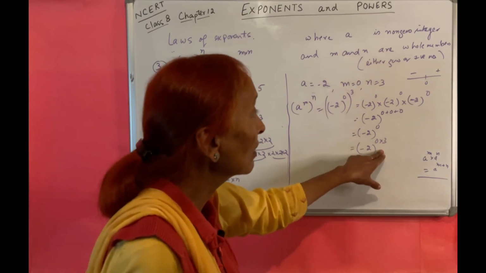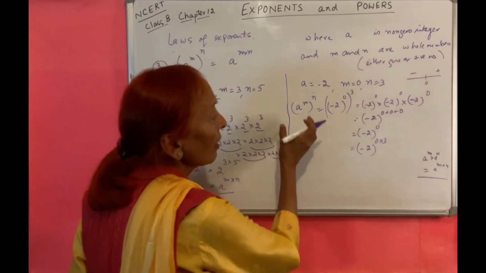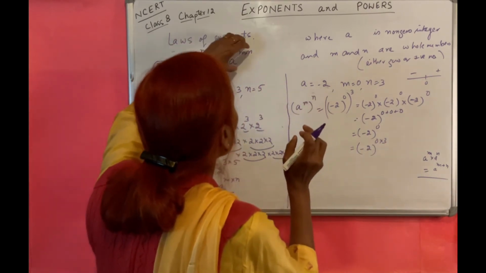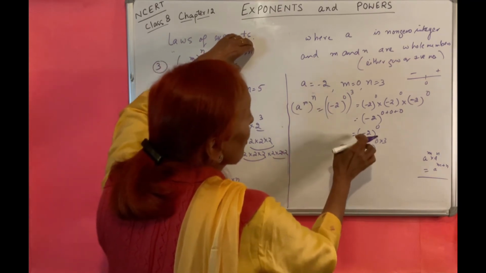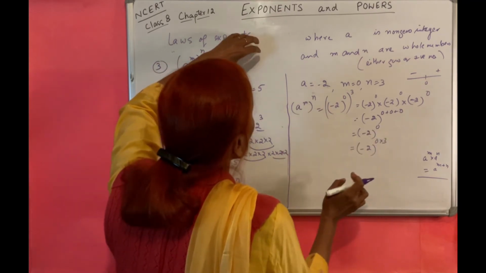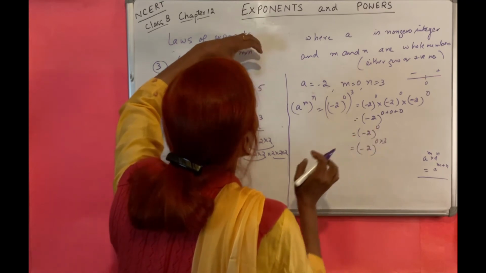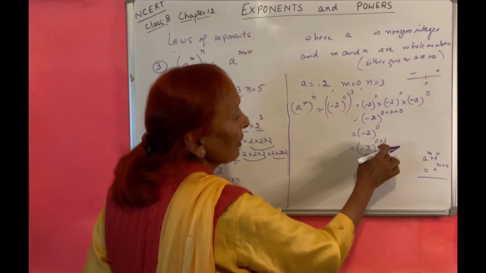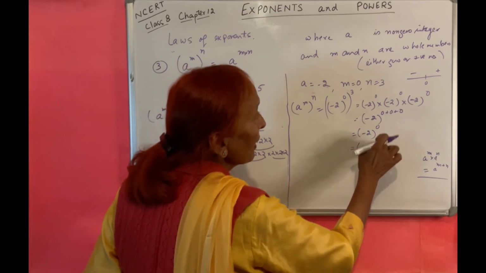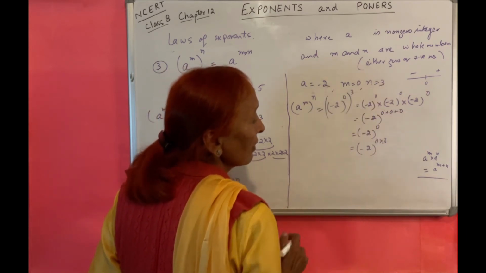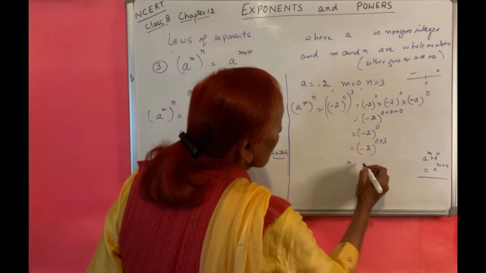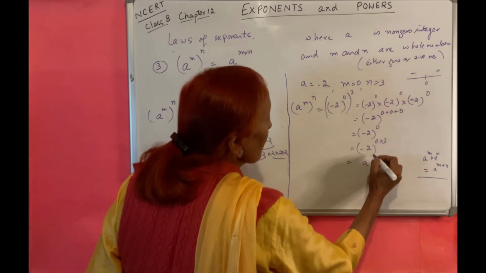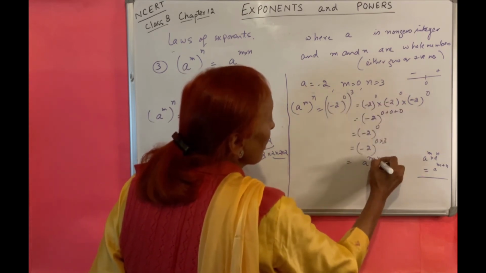Why have I written this? Because I started with this and I want to reach till this. So this minus 2 raised to power 0. I will convert this number into this form. That is why I have multiplied by 3, because m here is 0 and n here is 3. Minus 2 is nothing but A, 0 is m, 3 is n.